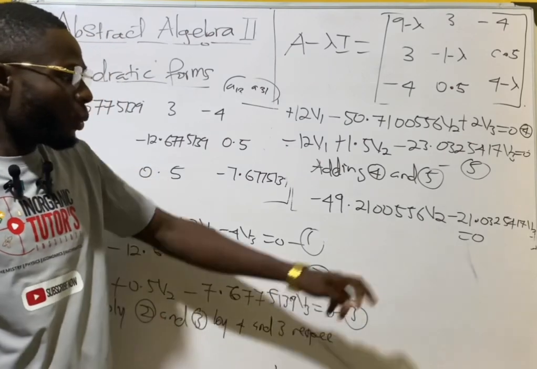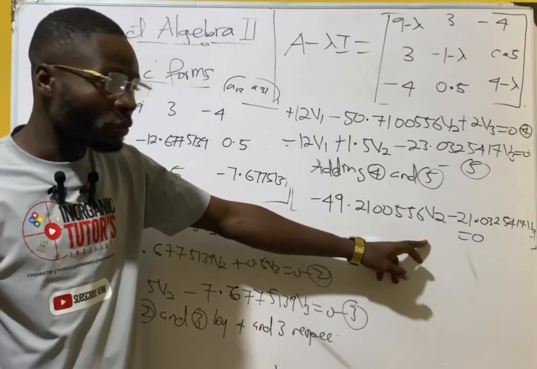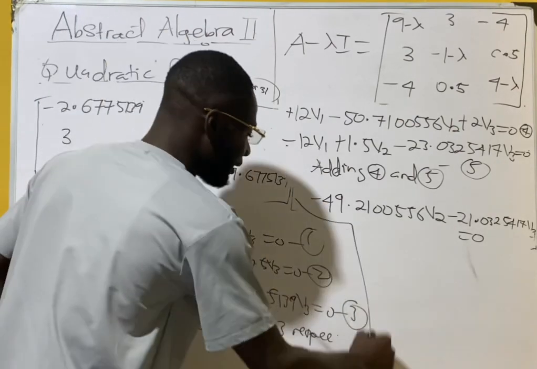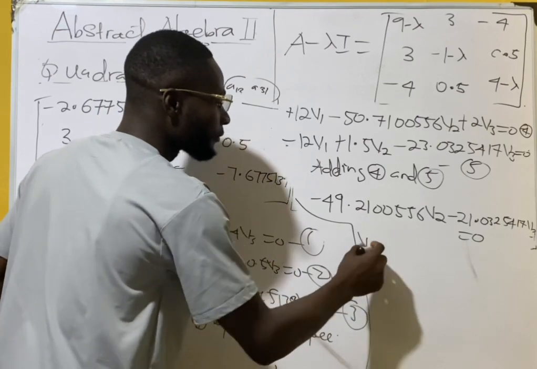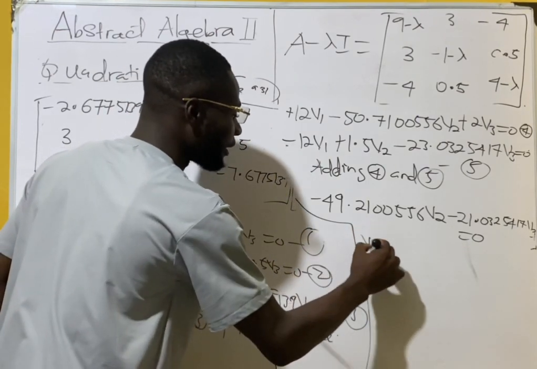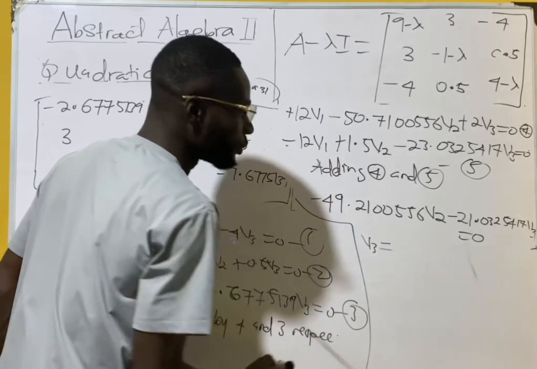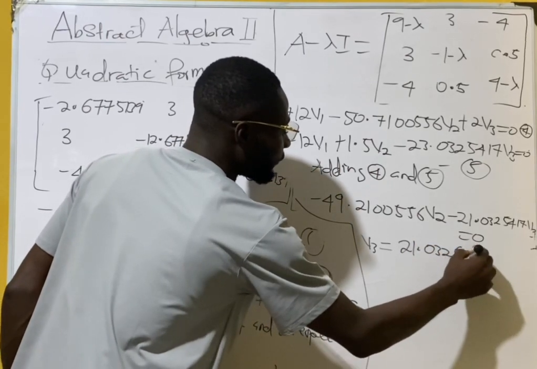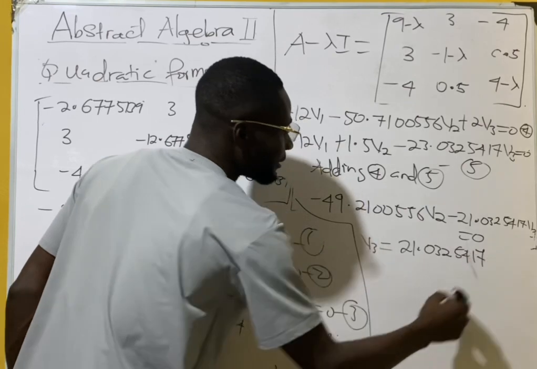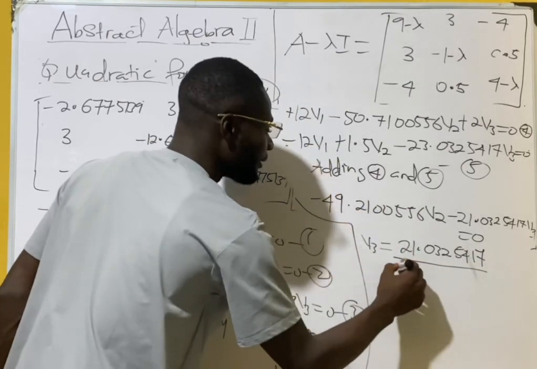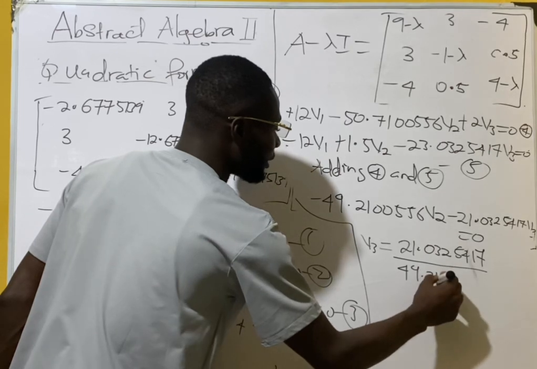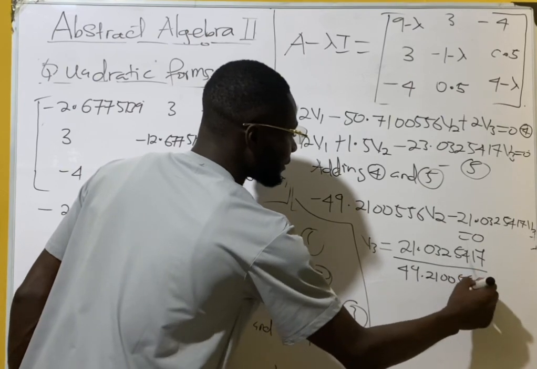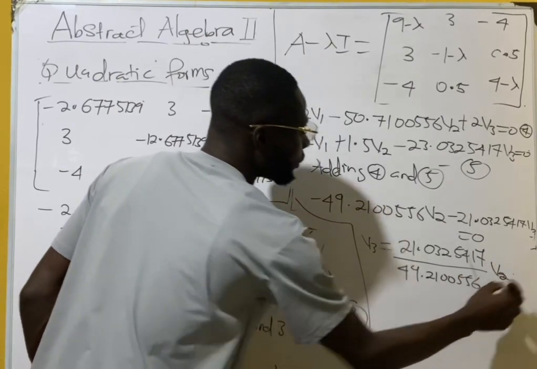Now, we need V2 or V3, right? So here we can say that V3 is equal to 21.0325417 divided by 49.2100556 V2, right?